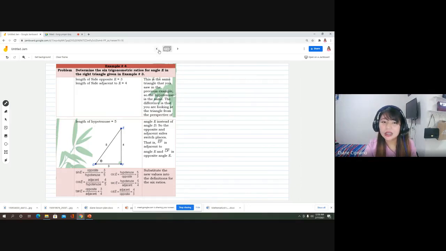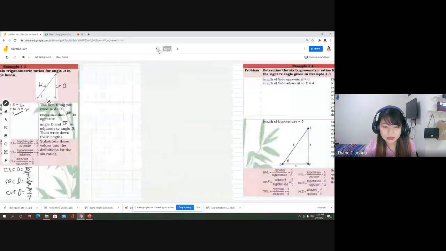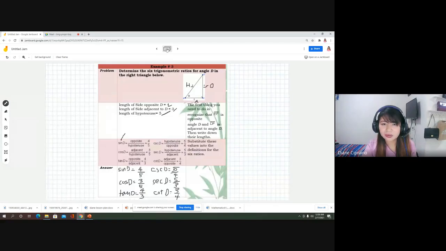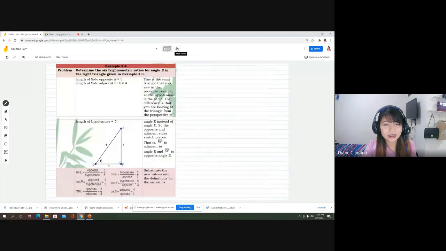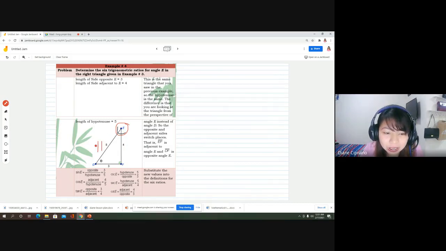So for our example number 3, we just need to write the 6 trigonometric functions, but in this case we are now referring to angle E. Since we are referring to angle E, your hypotenuse here is still the 5.